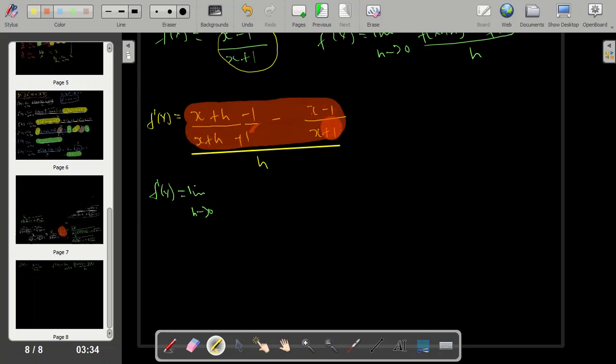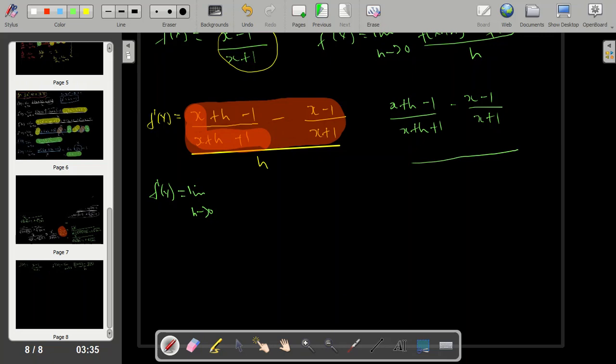Okay, we have to make it a single fraction if it's like that. So remember, if we have radicals, we have to introduce the conjugate. If we have something like this, we're going first to make this a single fraction. So making that one a single fraction, it will just be x plus h minus 1 over x plus h plus 1 minus x minus 1 over x plus 1.